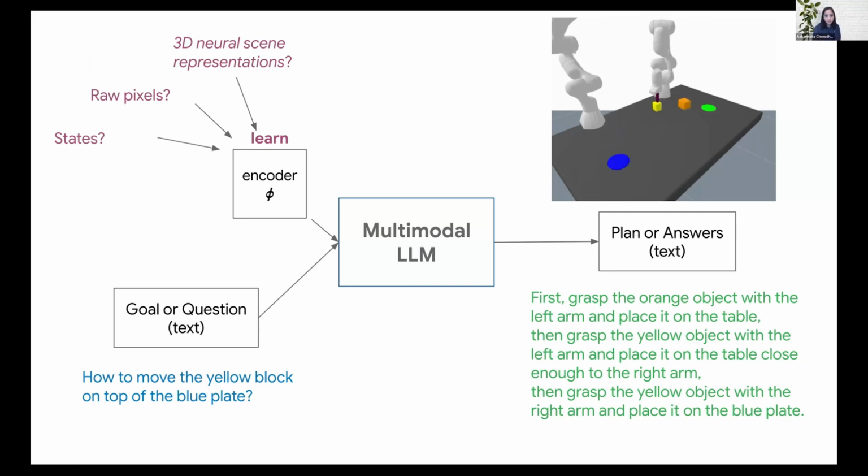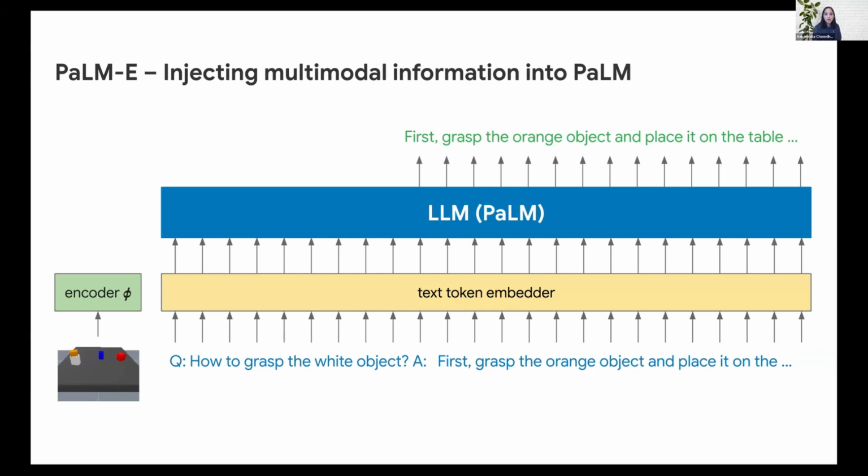That's a research question that has been answered in several research works more recently, with different results on different benchmarks. In robotics, we go with a simplified assumption where we are just feeding the image in raw pixels to the encoder.